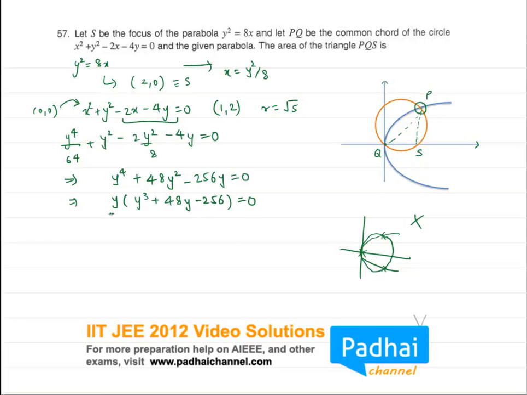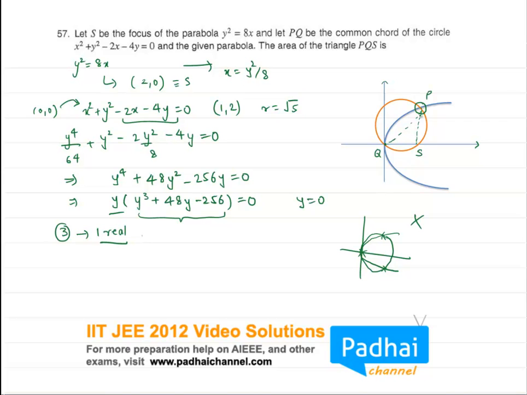Evidently we can see that one solution is y equal to 0, and the rest is a cubic expression. For a cubic expression there will be 3 roots, and one root will always be real. If the other 2 roots are also real, then all 3 roots are real. That means there will be 4 values of y which satisfy this condition, so there would be 4 points of intersection, which is not possible.